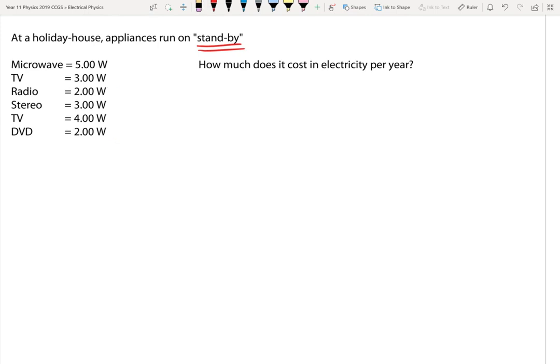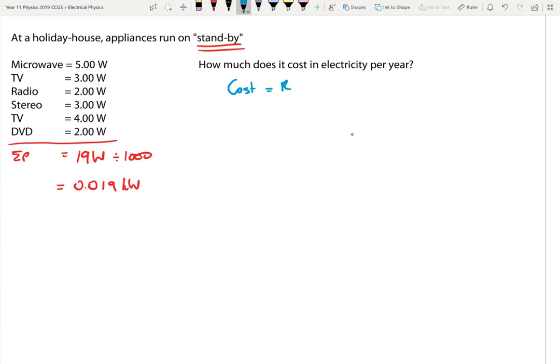So imagine you had a holiday house and you leave that holiday house just sitting there, everything's still turned on, power is still being consumed. There would be a total power, adding all these numbers up, of around 19 watts. So if we divide that by 1,000, we get 0.019 kilowatts.